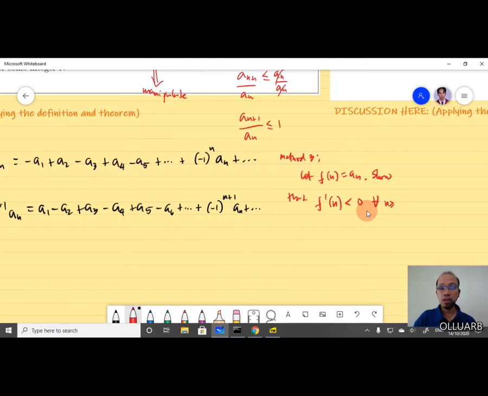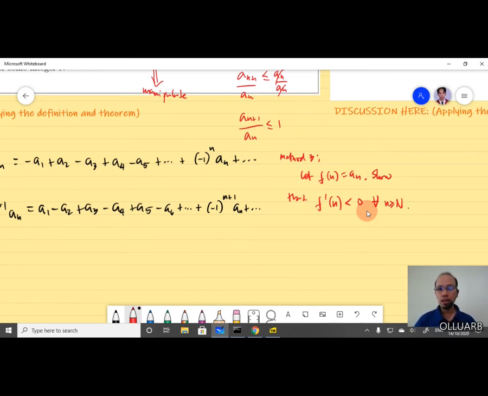If your sequence starts from 0, then you have to write this big N as 0. When your sequence starts at 1, you replace the big N by 1. If your sequence starts with 2, replace the big N by 2. Okay, so that's how you are going to show it.